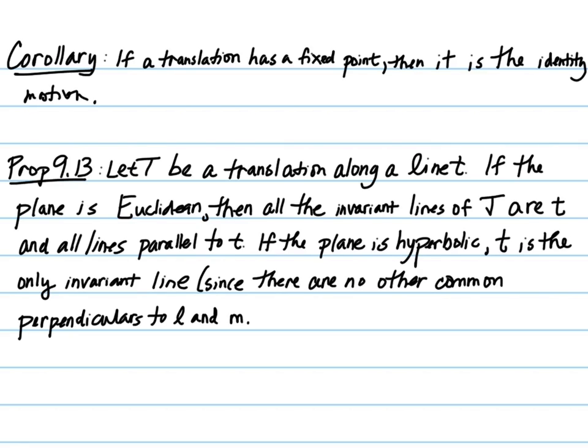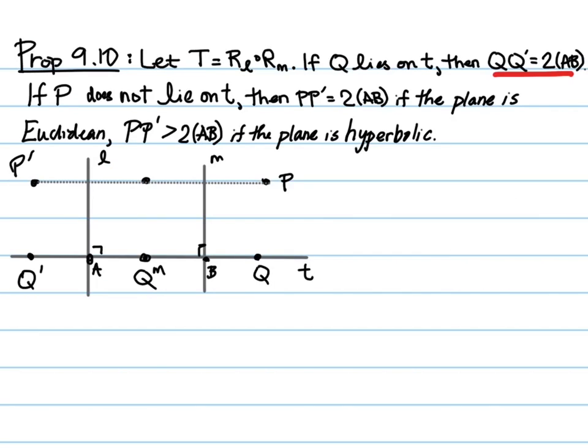So if you imagine, I'll just go back to the picture I have before here, shifting along this line T. If you shift everything left or right along this line, then any line that's parallel to line T gets shifted left and right, but it's still the same line. All the points moved, but they just moved along the same line, right? They're just further along the line they were before as you shift left and right. Obviously, if you had an image that looked like this, it moves like this, or vice versa.